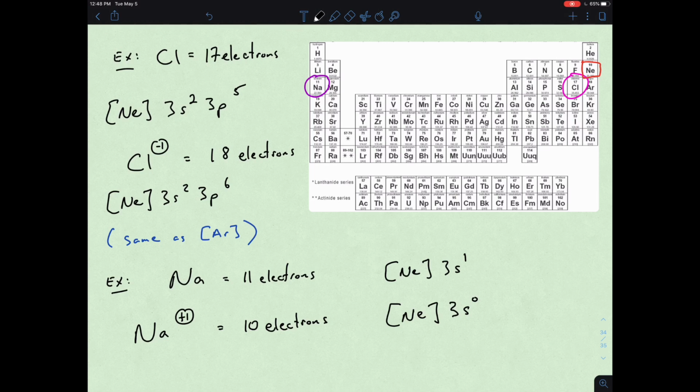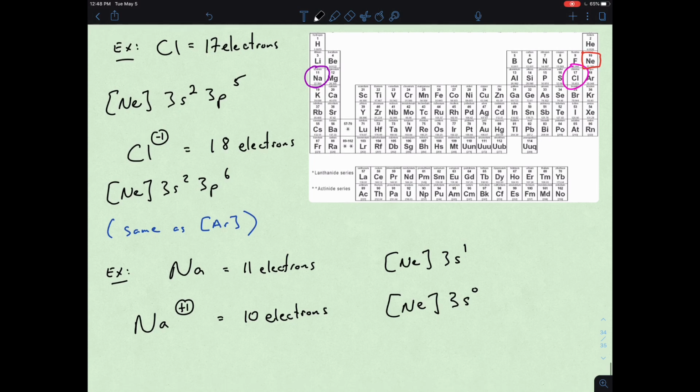We're showing with the 0 that we've actually removed that electron. So it is pretty much the same as neon. So that's adding electrons, removing electrons on some elements here in terms of the electronic configuration.